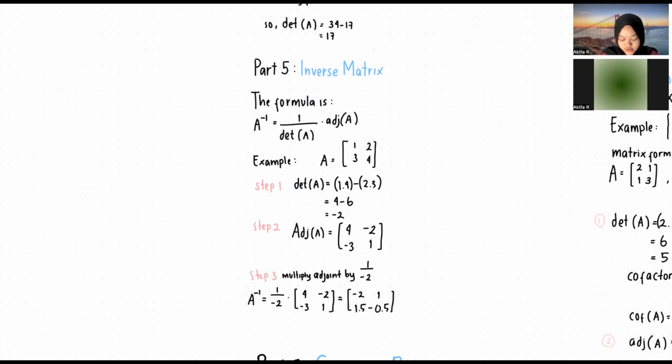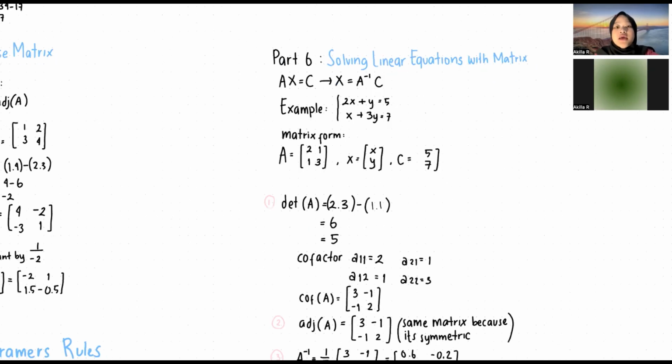We will continue to solving linear equations with matrices. Now let's apply what we have learned to solve a system of linear equations using matrices. So we'll use this form where A is the coefficient matrix, X is the variable matrix, and C is the constant matrix.